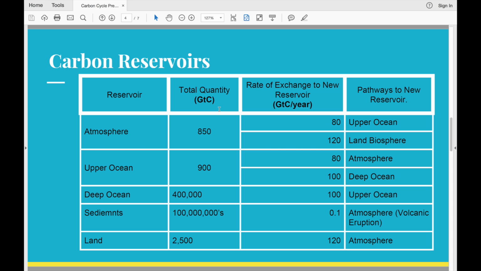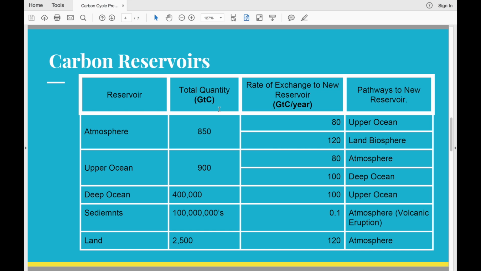Here we have a table explaining the reservoirs and how much carbon, in gigatons, there is in each reservoir. It also shows us how long carbon will stay in each reservoir, at a rate of gigatons per year, and which pathways carbon will take towards its next reservoir.